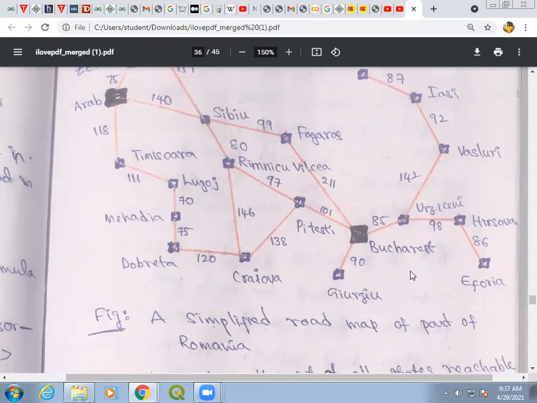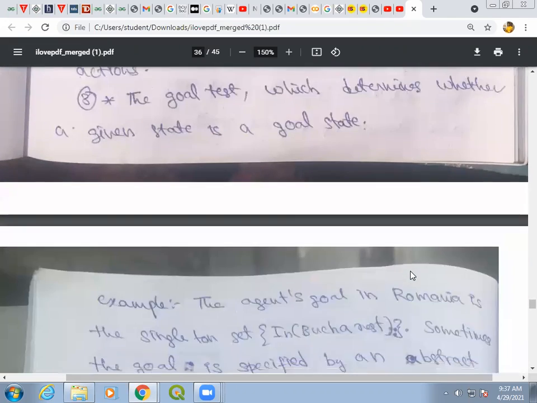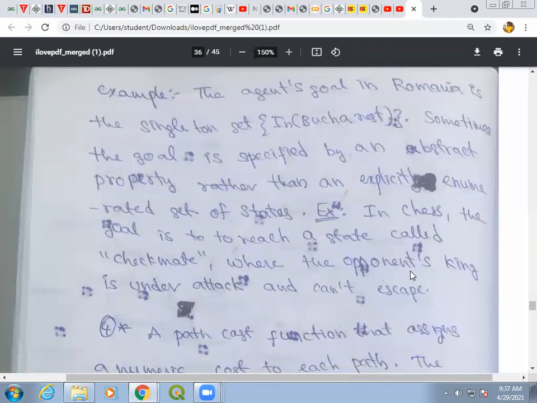Sometimes the goal will also be defined by a property. What is the property here? In the case of a chessboard game, we say that the goal is reached when there is a state called checkmate. So what is checkmate?